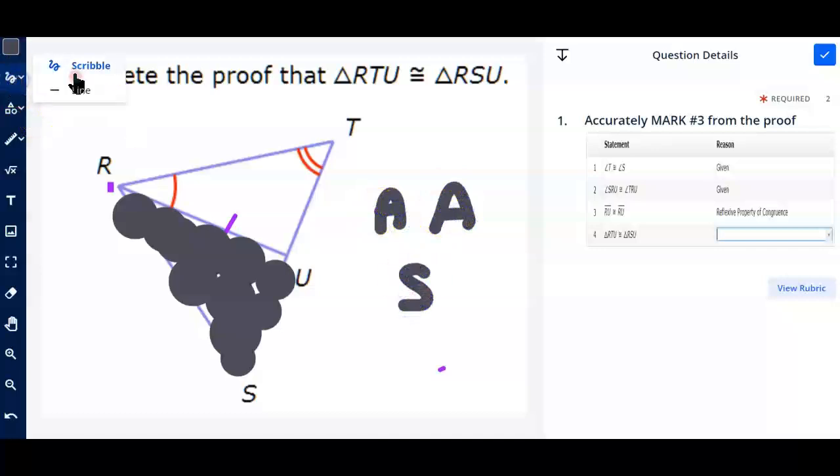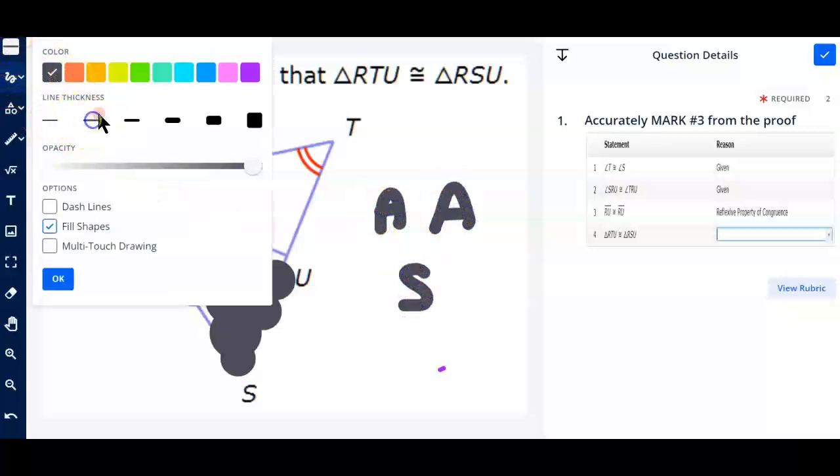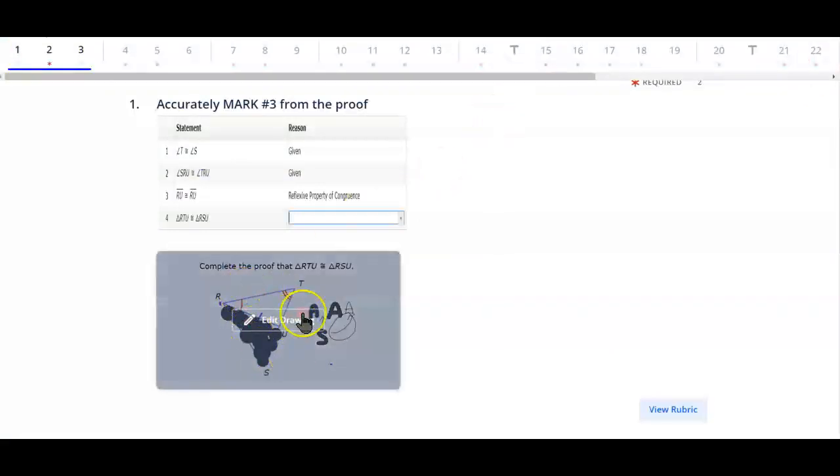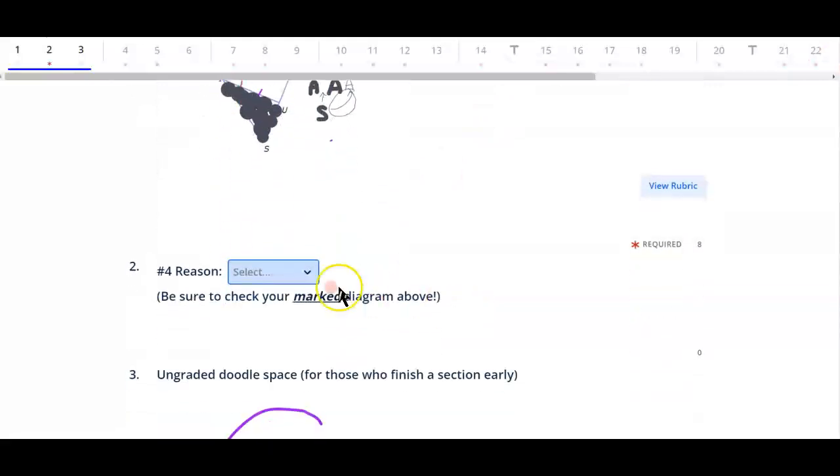And is that side pair included between the 2 angles or excluded outside the 2 angles? It is excluded, which makes this triangle proven by angle, angle, side. Now, you don't want to write all that in there because then it will make it hard for me to grade your tick marks, but that's me showing you that thought process. So our reason for number 2 should be angle, angle, side.